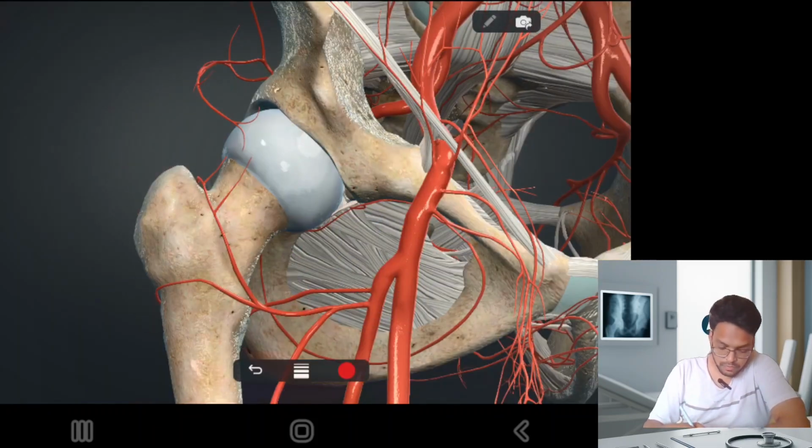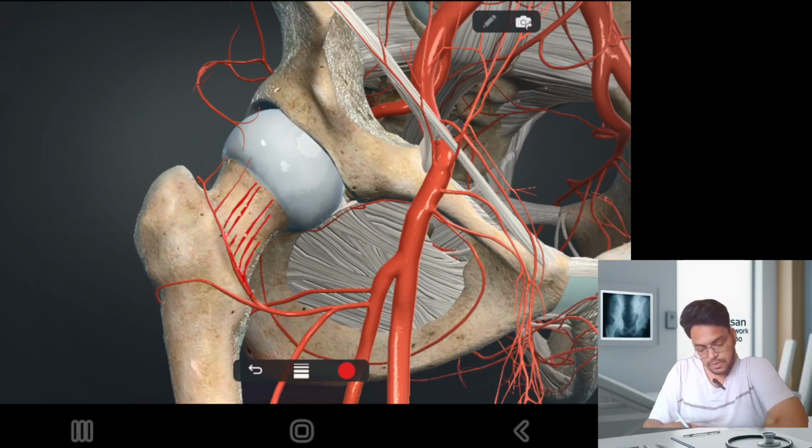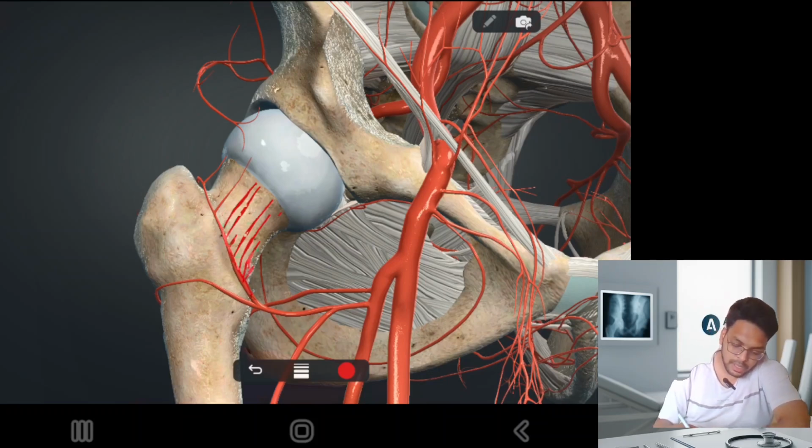Now from the lateral retinacular, medial circumflex and lateral circumflex arteries, there are branches going from the neck into the capsule in an ascending fashion over the neck, and also in the intraosseous part through the neck. From this it will go into the bone and to the center of the head and over the head, and all the branches again unite just below the head region, the subcapital region.